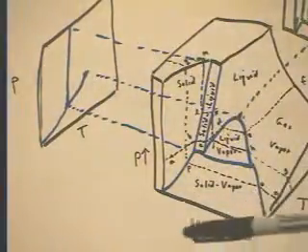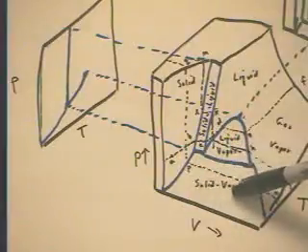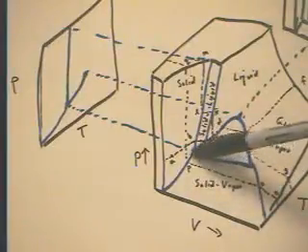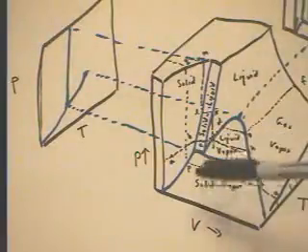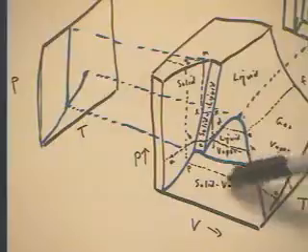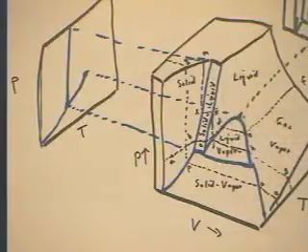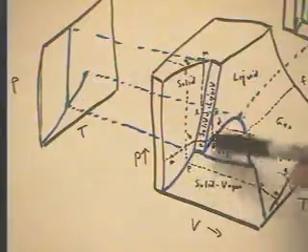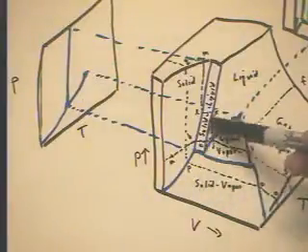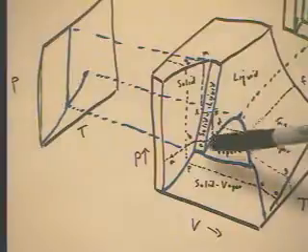Your triple point is the point where your solid, your vapor, and your liquid all exist together, which is in here. If you have a point along this line here, you're at a border between solid, vapor, and liquid. And this point right here, you have solid, vapor, and liquid all converging. That's your triple point.